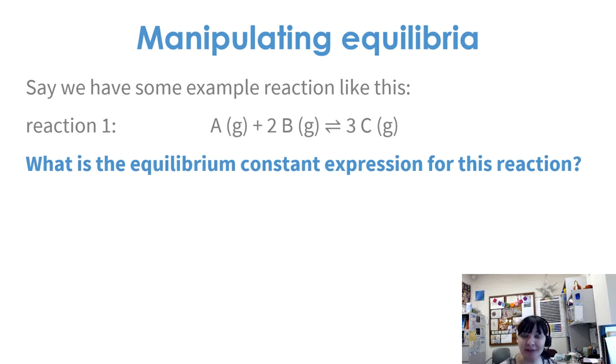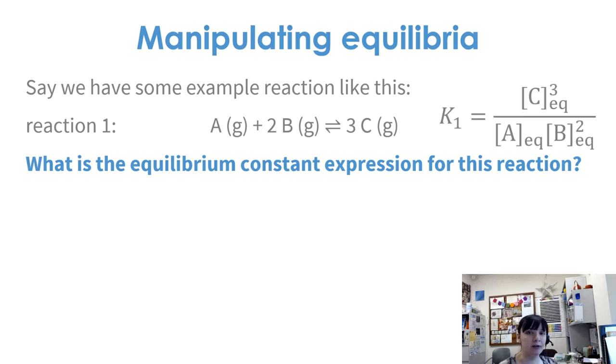All right, so hopefully you've taken some time to write out what the equilibrium constant expression would be in terms of concentrations. For this reaction, or for any equilibrium, we always set it up as the products over the reactants, and each of those chemicals is to whatever power their molar coefficient is.